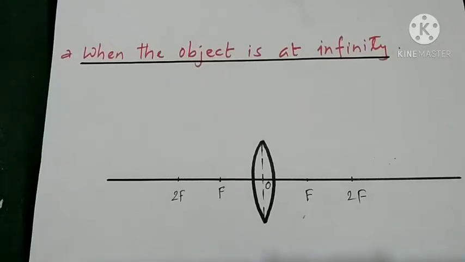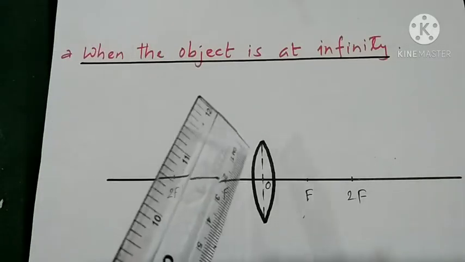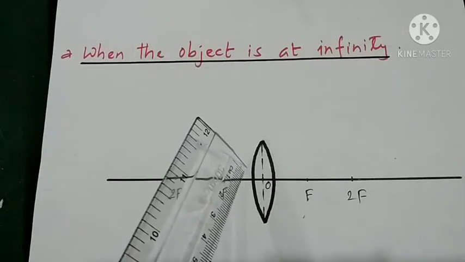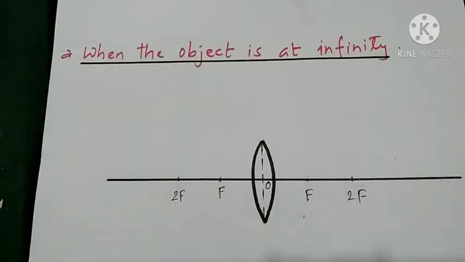Now let's draw the ray diagram when the object is at infinity. So when the object is at infinity means the object lies very far from this convex lens. We consider parallel rays of light from the object incident on the lens.